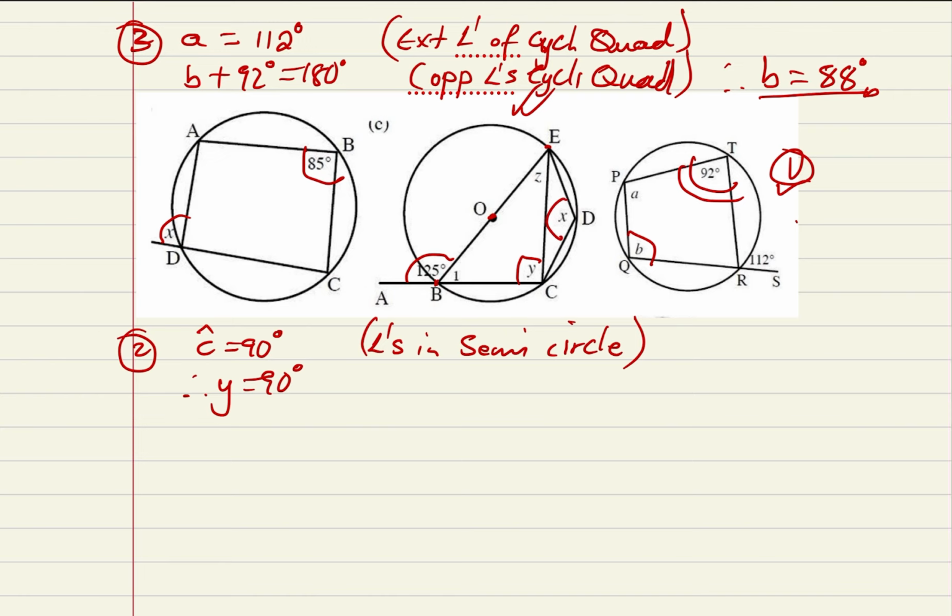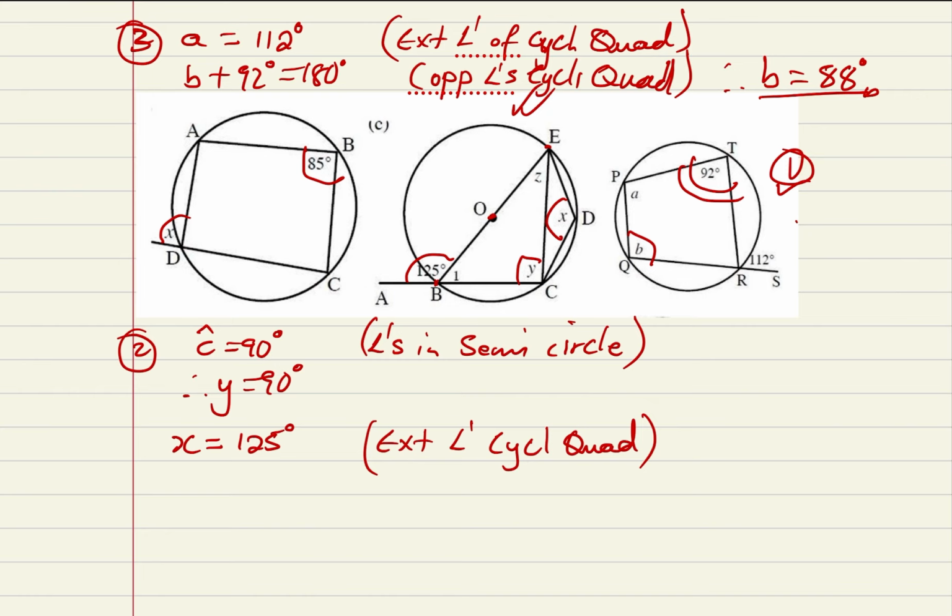So that means we know also that x is equals to 125 degrees. Why is it so? It's because of an exterior angle of a cyclic quad.